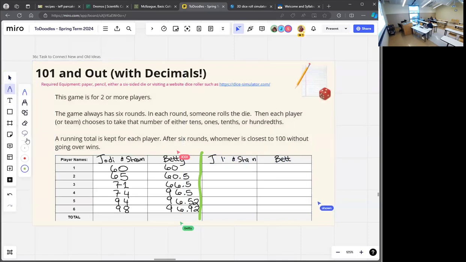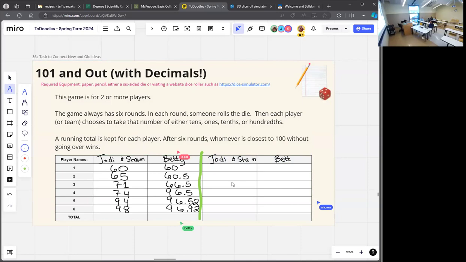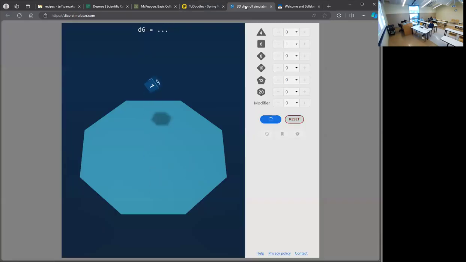Oh, well, so much for my shortcut that would be faster than rewriting. Uh-oh. Oh, okay. You're going to change Mike and Sean's and Betty's.